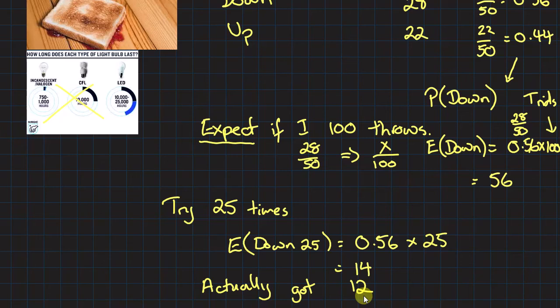I don't expect it to always give me 14, but something about there. If I actually got something like 3 landed down, I would say that means my idea about the probability of jam landing face down is wrong. That would say my hypothesis is probably wrong.